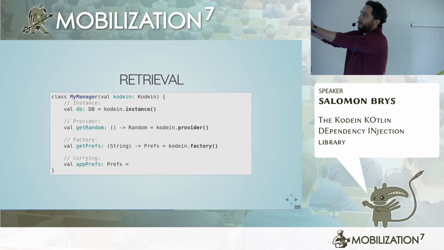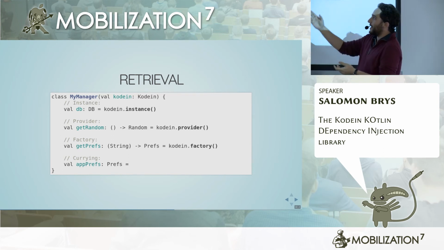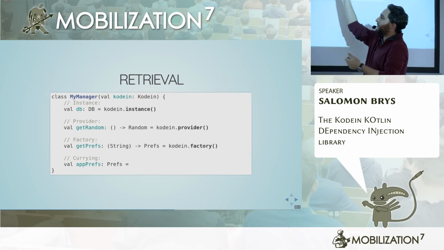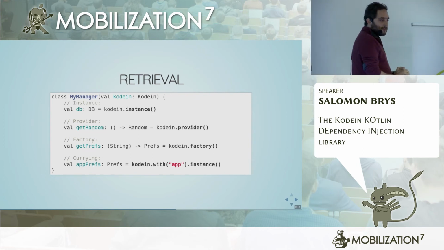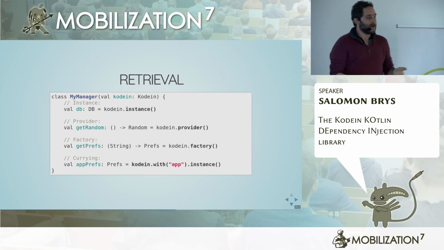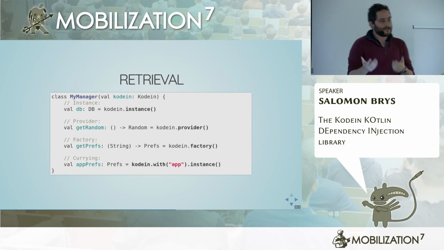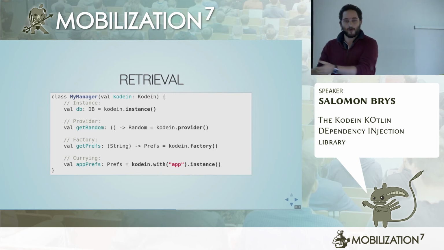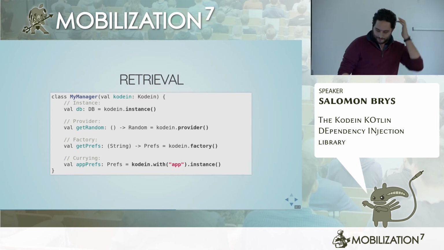Sometimes I want a preference repository, and I don't want to have to retrieve the factory, then call the factory with an argument. With Kodein, you can simply say, okay, I want an instance of preferences. I know it is bound as a factory, so I'm giving you the argument, so I don't have to go through the factory.